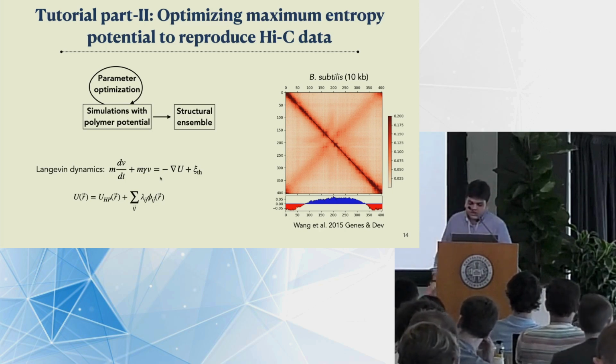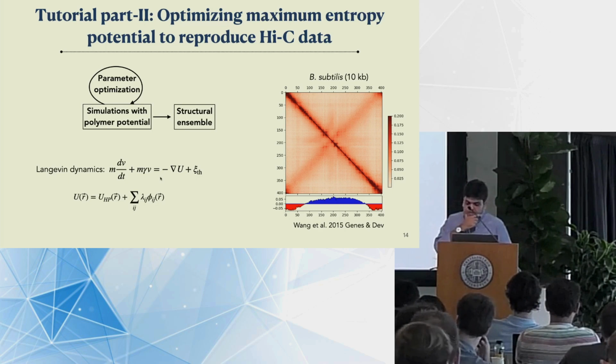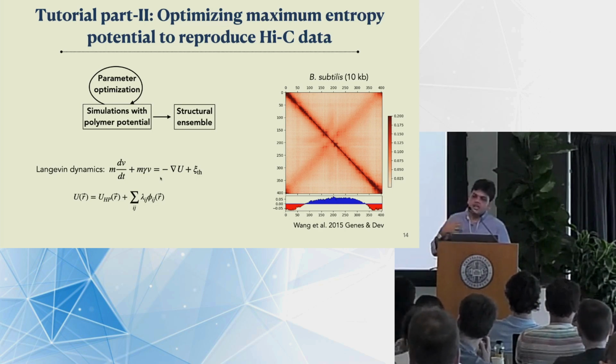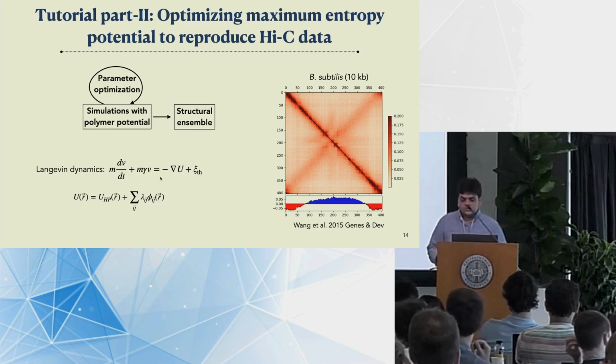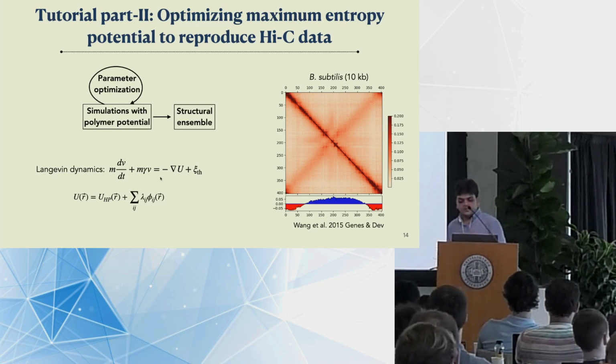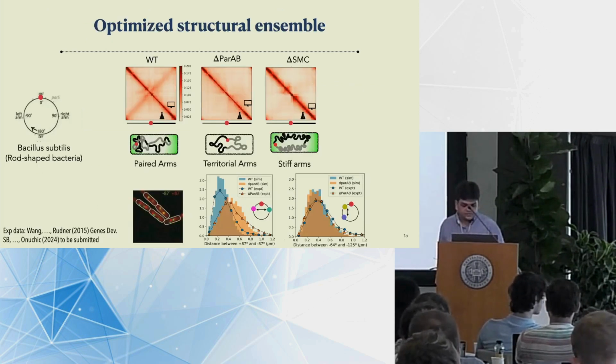I say this because you might want to think about beyond equilibrium, like activity, where forces are applied. Those things can be done and have been done within this framework. Okay, so we are going to use this potential with this form to look at this map.